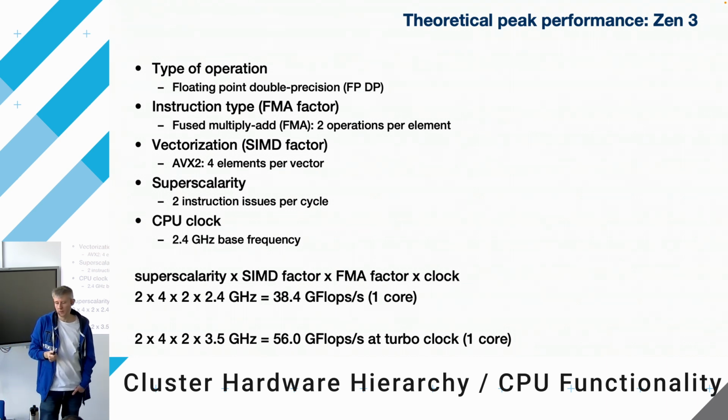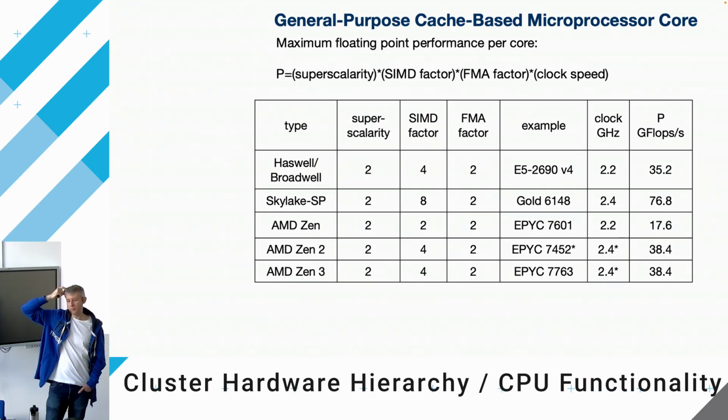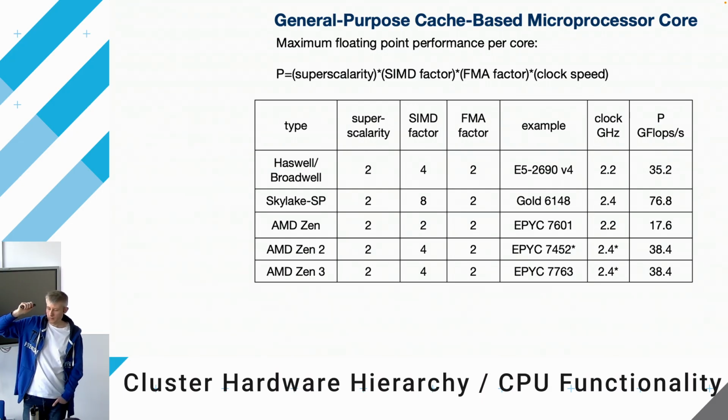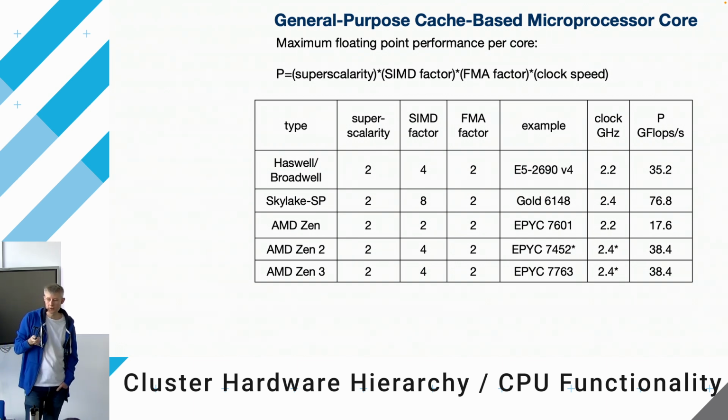Then you will not reach this peak, but it's still useful to think about it because it gives a natural limit on your CPU, and you can think about and measure what your current performance is and what the peak performance is, and what the way is to improve the performance of the program to come closer to this peak performance of the CPU architecture.